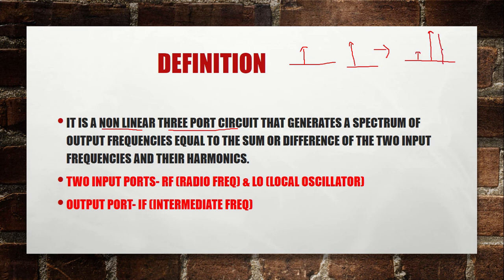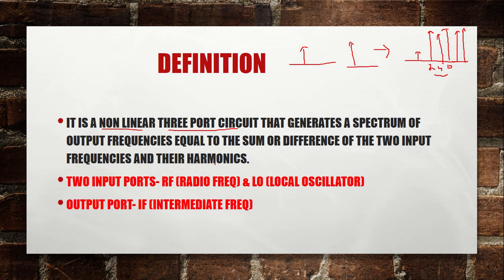In addition, various other frequency components, which are either noise or integer multiples of the main frequency, will be obtained, which means if this is 2 Hz, this will be 4, this will be 6, etc. These are called the harmonics of your main frequency, and that is why this becomes a case of a non-linear device. So as said here, this generates a spectrum of frequencies equal to the sum or the difference of the two given frequencies and their corresponding harmonics.